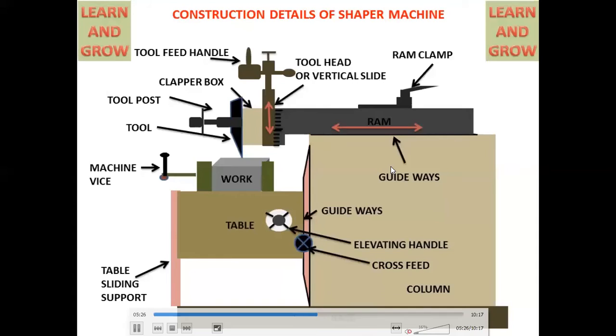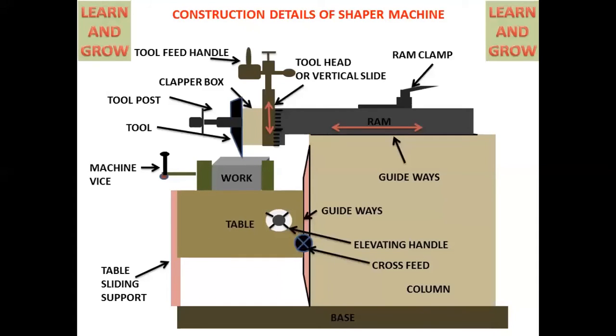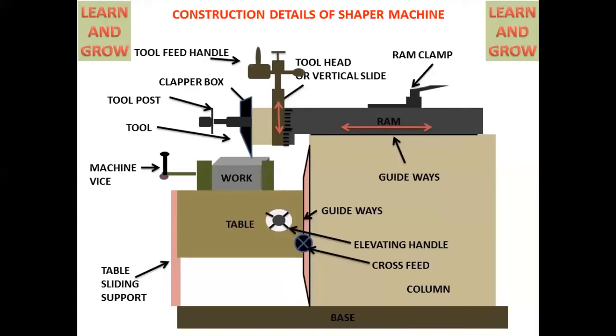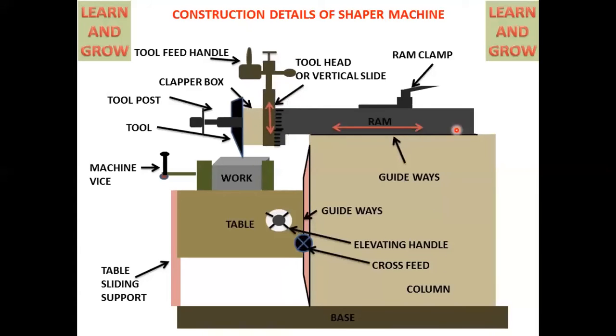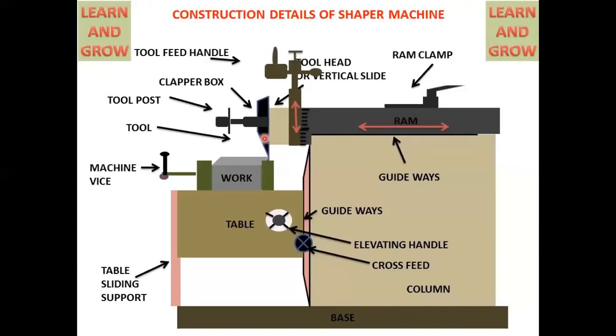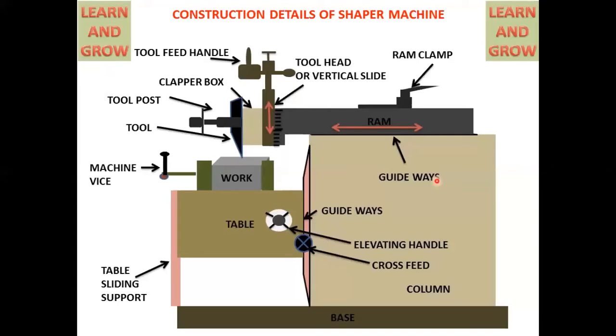You can see the handle can move the workpiece up and downward. You can see the ram will cut in the forward direction and not cut in the backward direction.